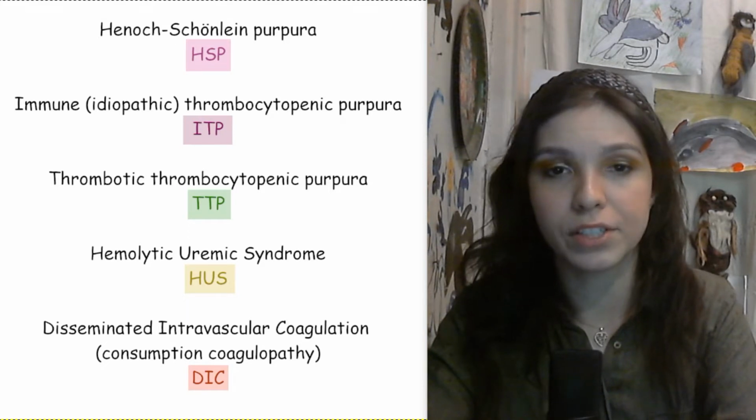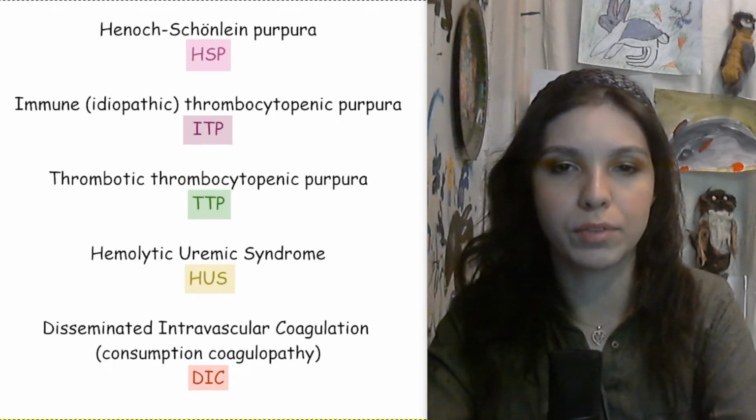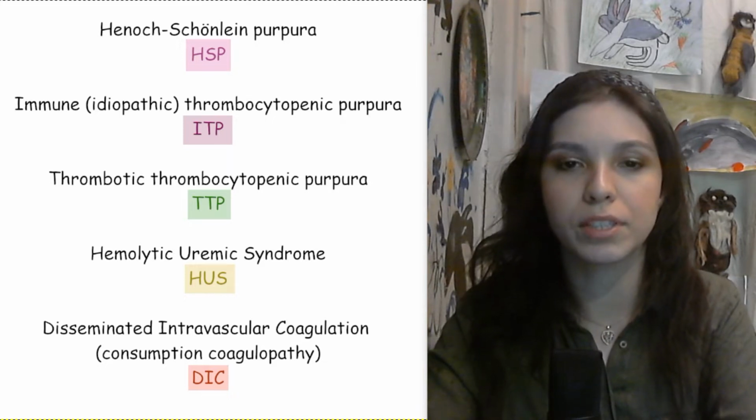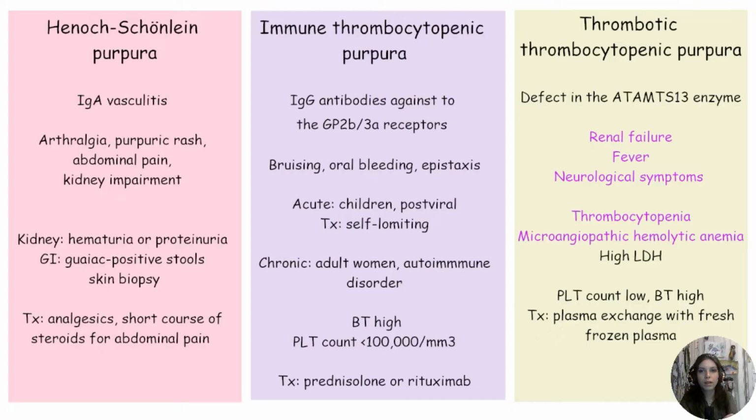About these 3 conditions: Henoch-Schonlein purpura, immune thrombocytopenic purpura, and thrombotic thrombocytopenic purpura. Okay, let's start with Henoch-Schonlein purpura. It's an acute immunoglobulin A mediated disorder characterized by generalized vasculitis involving the small vessels of the skin, the GI tract, kidneys, and it could also involve the lungs and CNS.